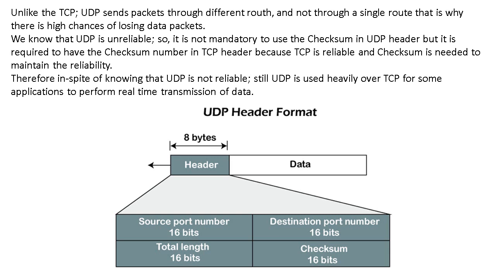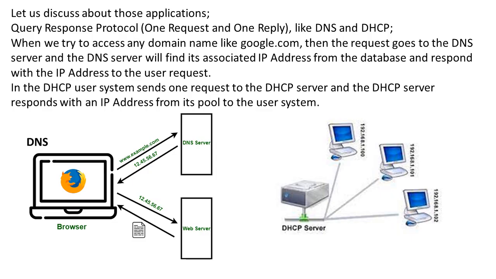Therefore, in spite of knowing that UDP is not reliable, still UDP is used heavily over TCP for some applications to perform real-time transmission of data. Let us discuss those applications which run in real time.